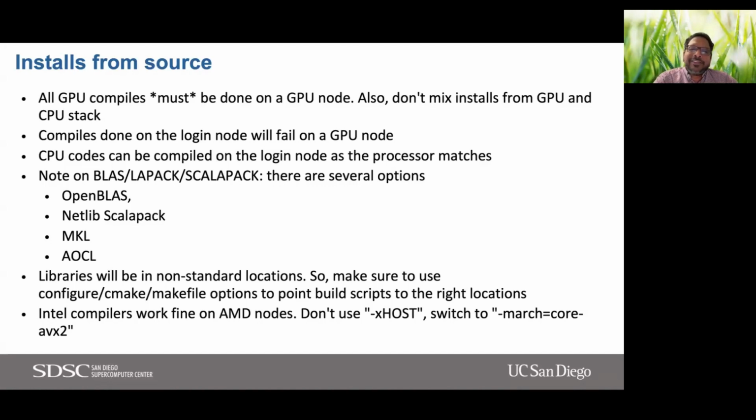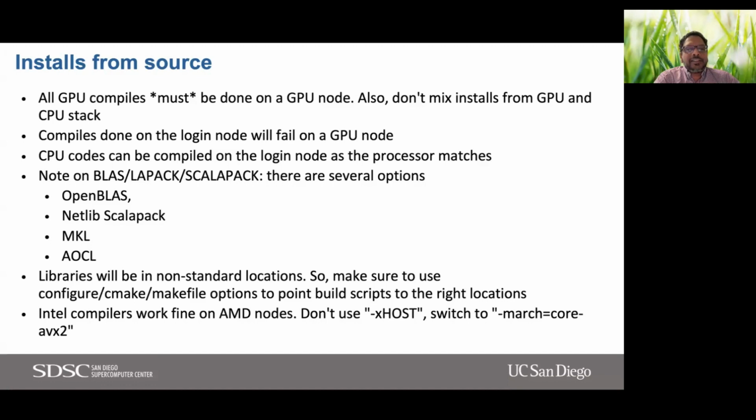We don't have them there. So if you run into those sorts of errors, make sure you use configure, CMake or makefile options to point the build scripts to the right locations. It still works, it's just that you need to make the install setup aware of where the location is. Don't try to do a sudo install, because none of you will have sudo. So that's a thing to keep in mind.